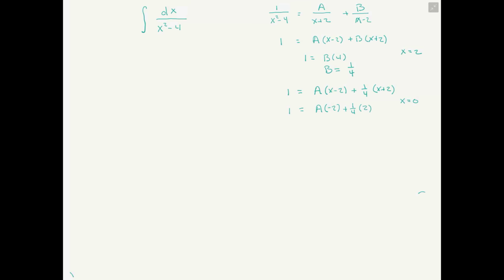And here, let's say x equals 0. And we have 1 equals a times minus 2 plus 1/4 times 2. So we got 1/2 equals a times minus 2, a equals minus 1/4.